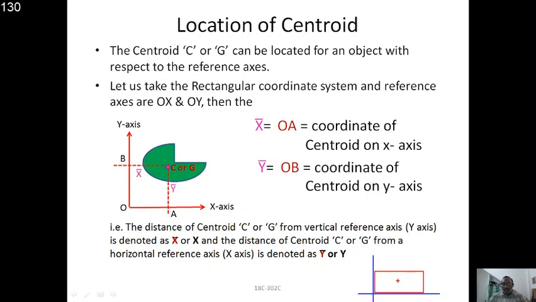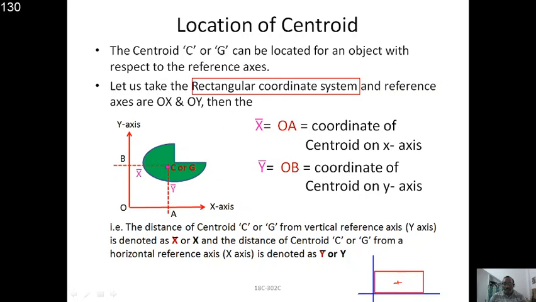Now the centroid is somewhere in the middle, here. In order to locate it, you require a coordinate system. Hence, a rectangular coordinate system is followed to identify it.